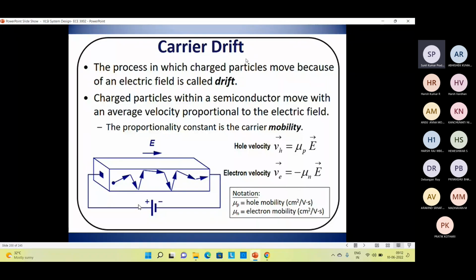Now, the charged particles within a semiconductor move with an average velocity proportional to the electric field. So this drift velocity is directly proportional to the electric field.